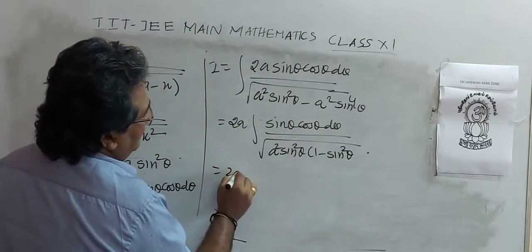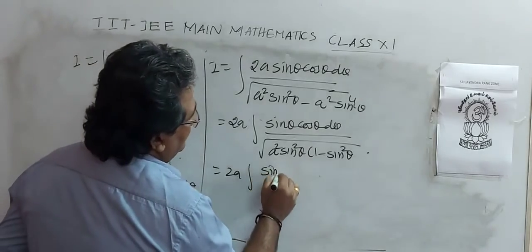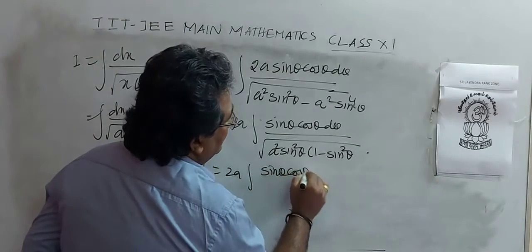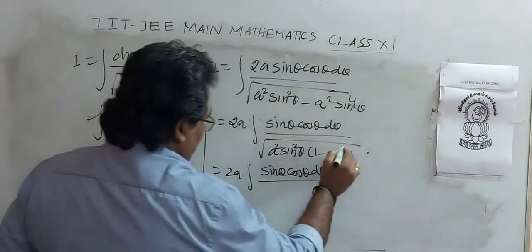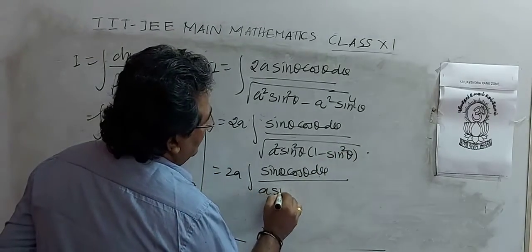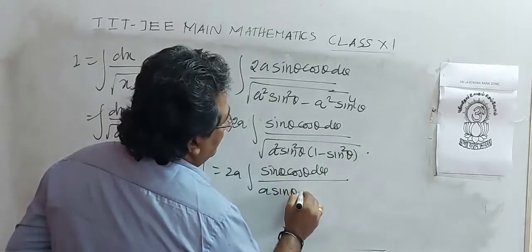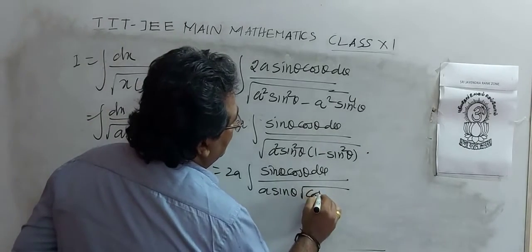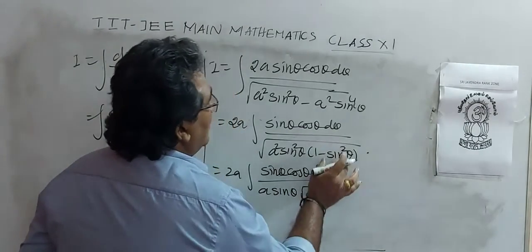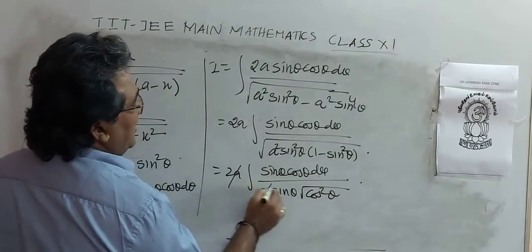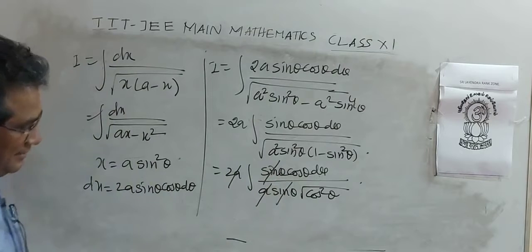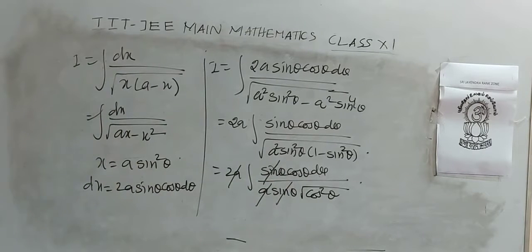So 2a sin theta cos theta d theta, over root of a squared sin squared theta into (1 minus sin squared theta), which is cos squared theta. A will be cancelled, sin theta will be cancelled.